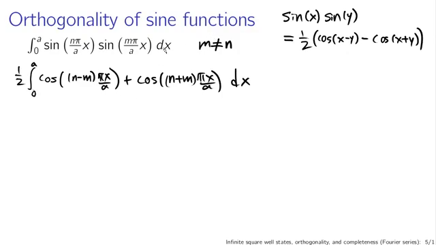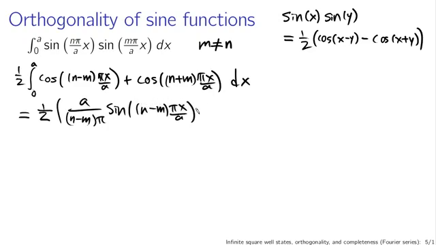If n is not equal to m, this term is non-zero, this term is non-zero. Both of these just work out fine. And we end up with, for our integral, a half out front, as before, a over n minus m pi times the sine of n minus m pi x over a plus, is there a plus?